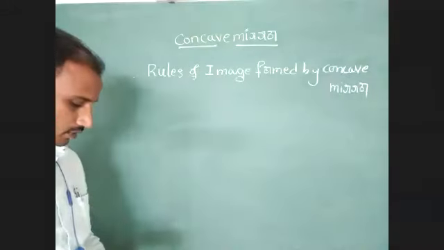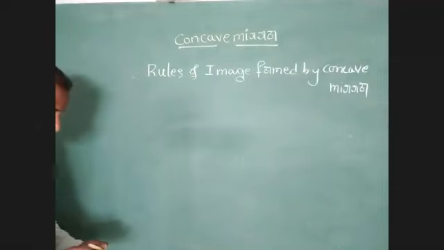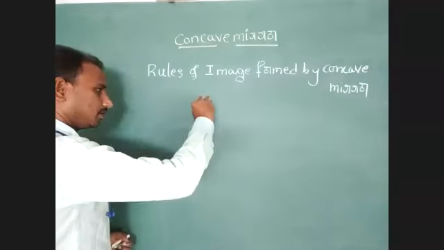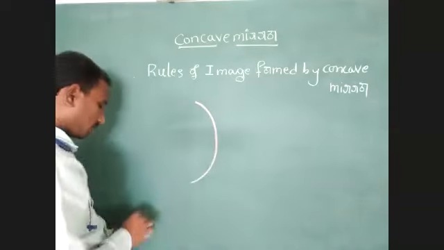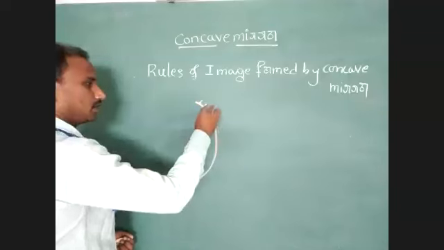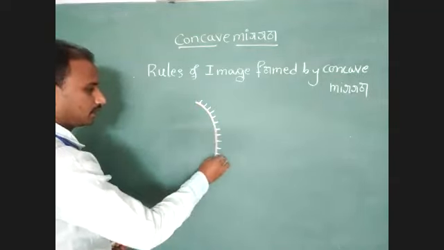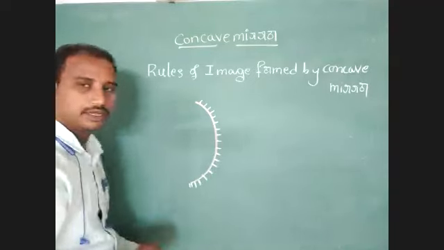So what are the rules we want to discuss? Just identify. Here we require one mirror, and that mirror is a concave mirror. For the concave mirror, we consider the reflecting surface inside. Identify that the reflecting surface is inside the concave mirror.